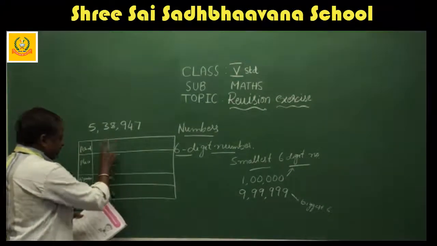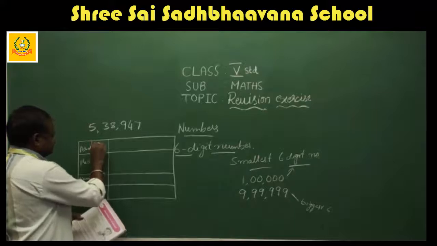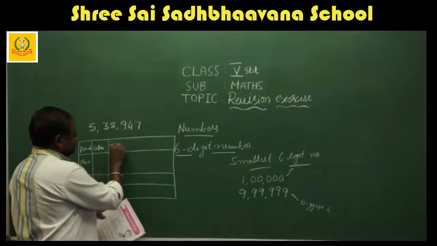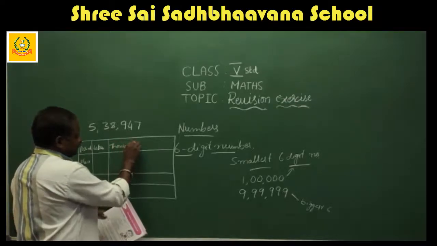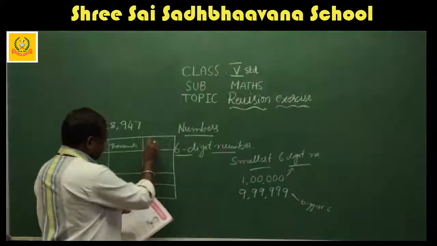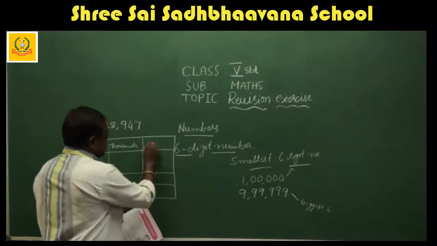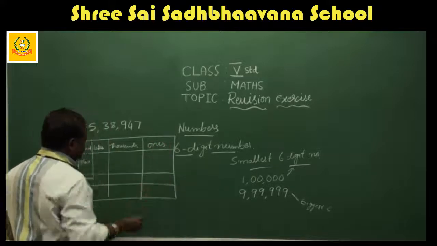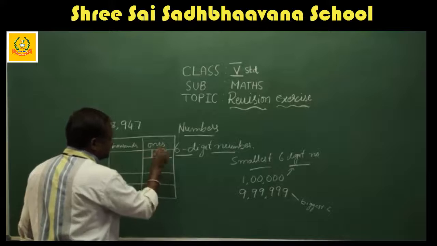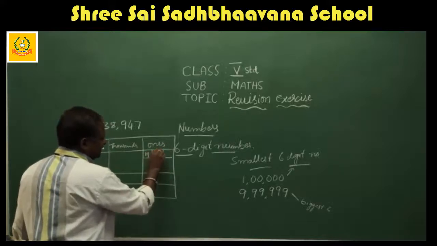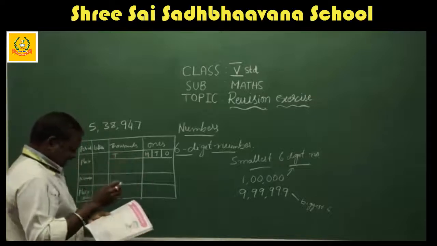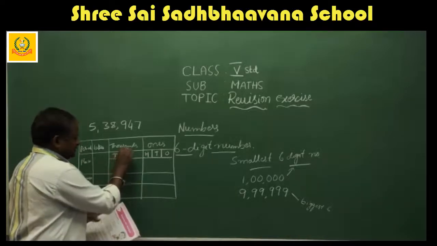So here period comes lakhs. Next thousands. Next hundreds or ones. This ones divides into hundreds, tens, ones. In thousands, it is thousands and ten thousands.